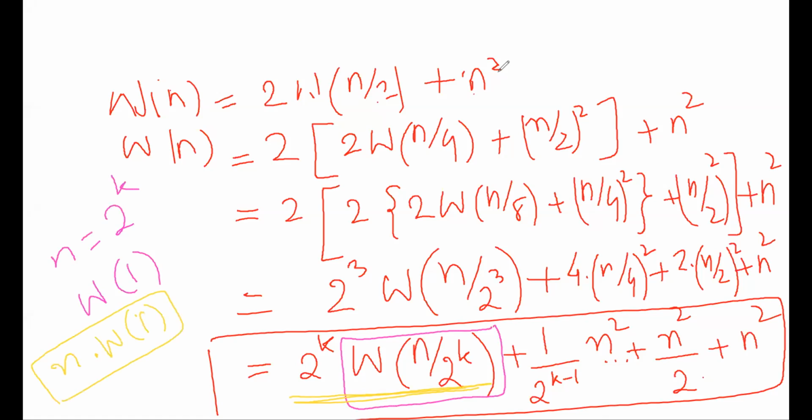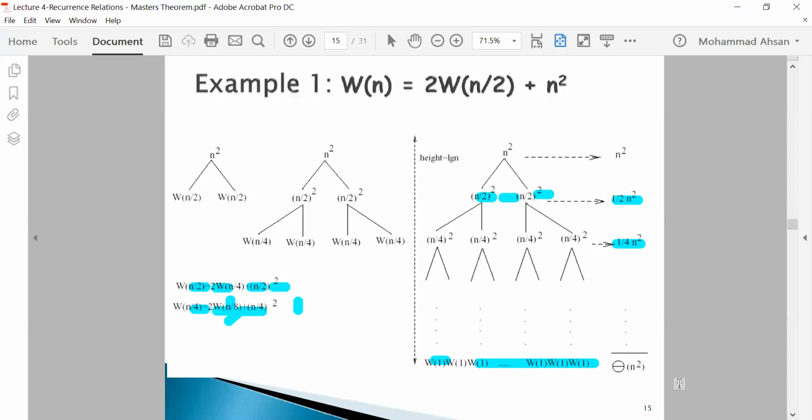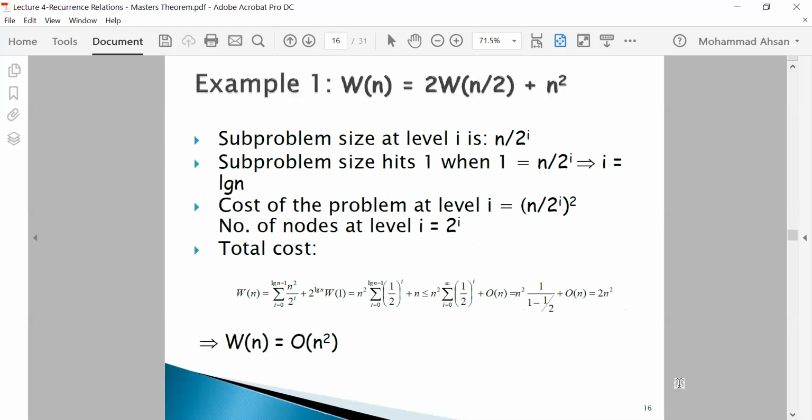And then I have this series which I have to take care of. If you see here in the slide, how many W1s did we get? We got n W1s.